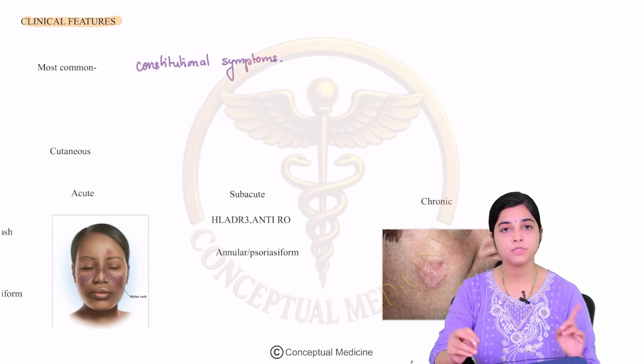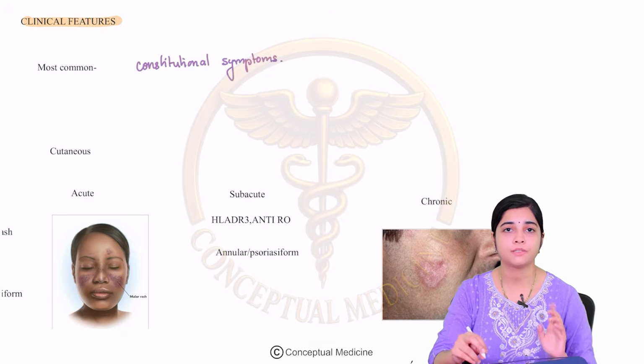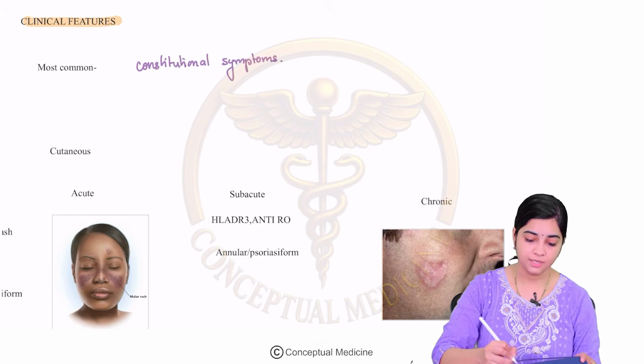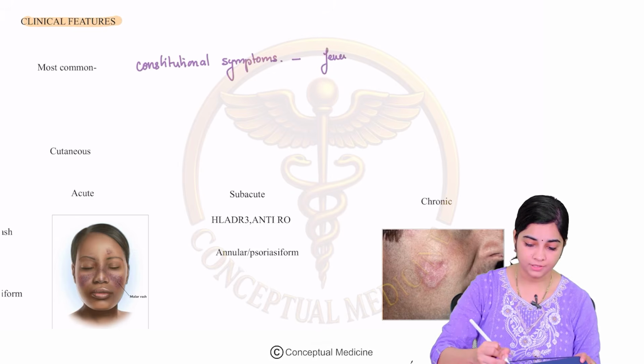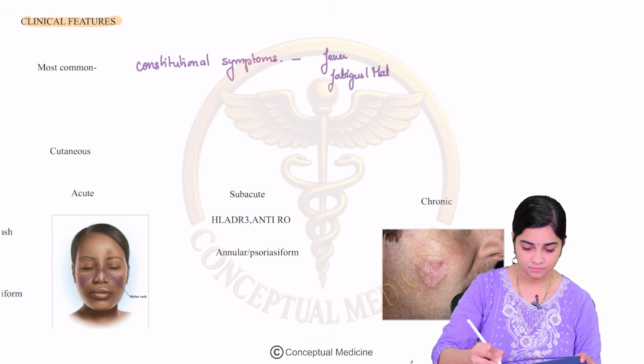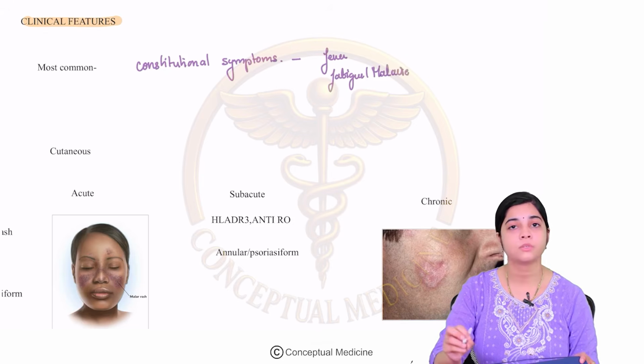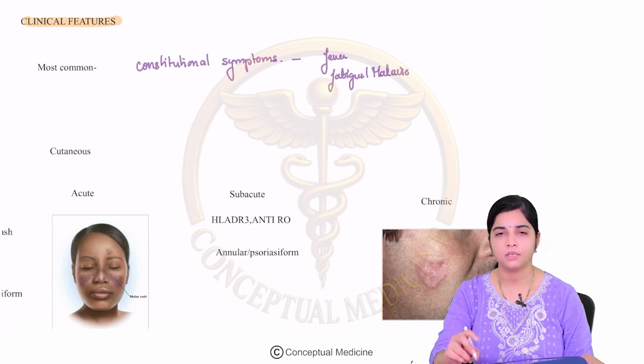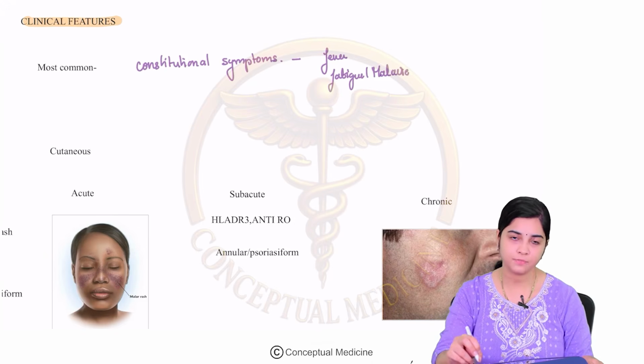Okay, so the most important clinical feature is the presence of constitutional symptoms, which is the most common clinical feature as well, in the form of low-grade fever and fatigue or malaise. Low-grade fever, fatigue or malaise, which is going on for a long time, is an important clinical manifestation, right?